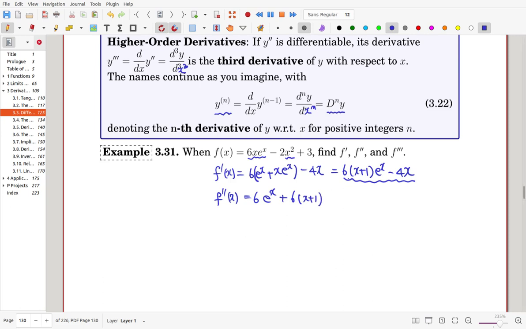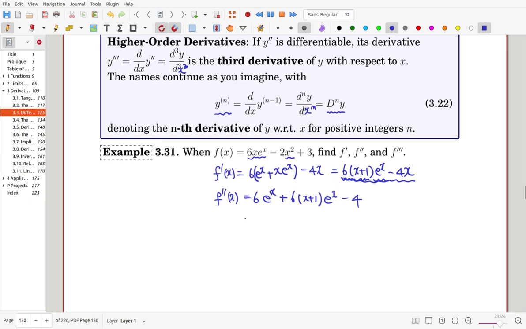You may think product rule here: the derivative of this term is 6 and e to the x here, and this term times the derivative of e to the x, which is e to the x. Now the derivative of minus 4x is minus 4.